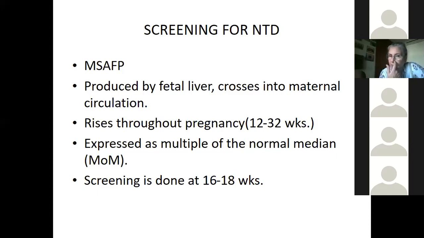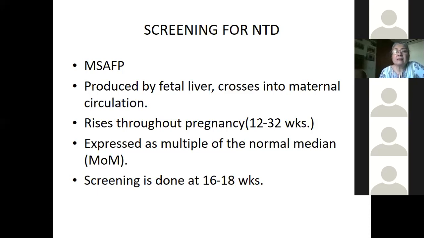So it can present in any form. Now, for screening of neural tube defects, there is anencephaly, in which the skull bone is missing and the baby's brain is exposed to the amniotic fluid.